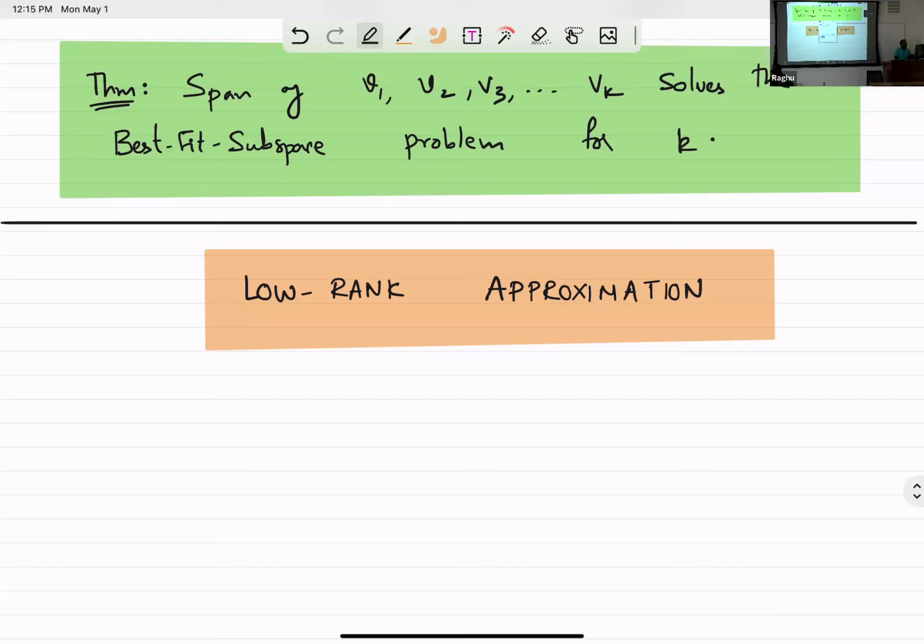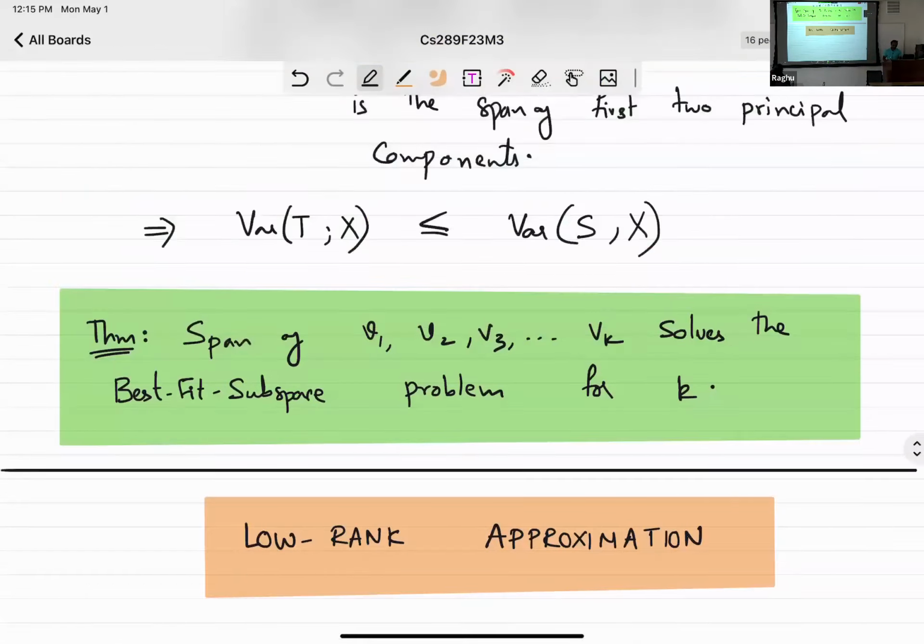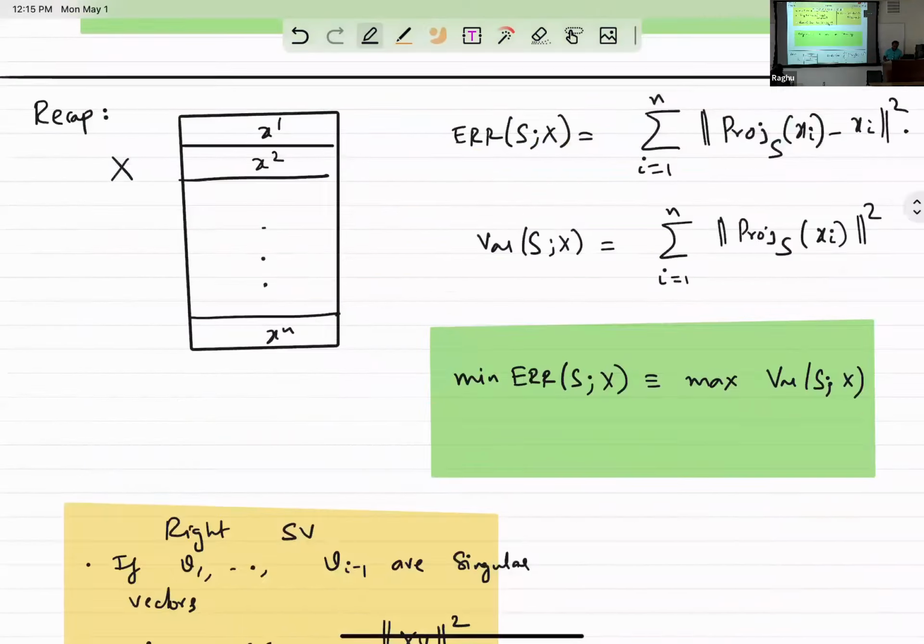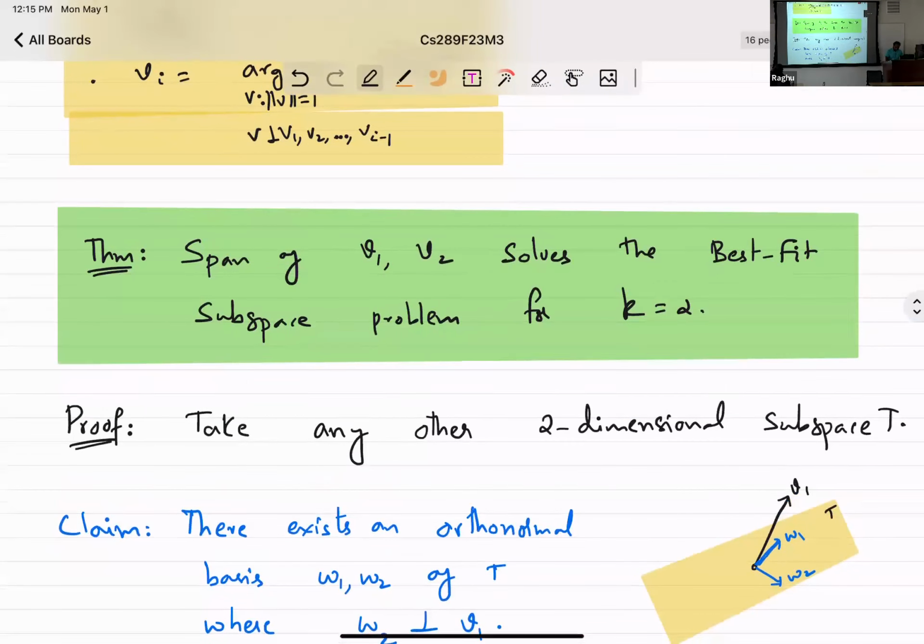There's a question: why can we claim W2 is perpendicular to V1? There are actually many basis vectors that we can choose, and we're just saying there is at least one orthonormal basis for T where I can choose W2 perpendicular to V1. If you look at this picture, someone might say, I don't want to use that basis, I can also use a different basis, something like this.